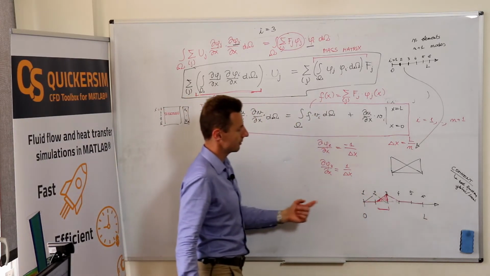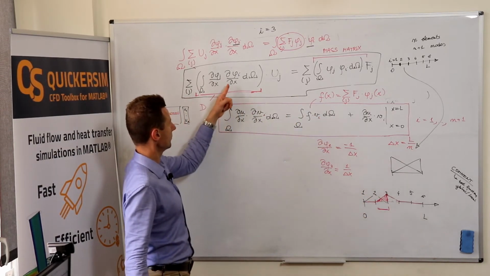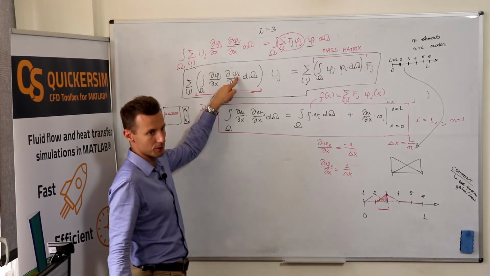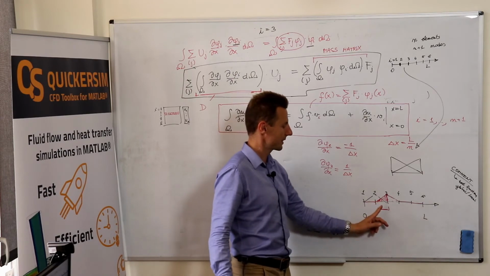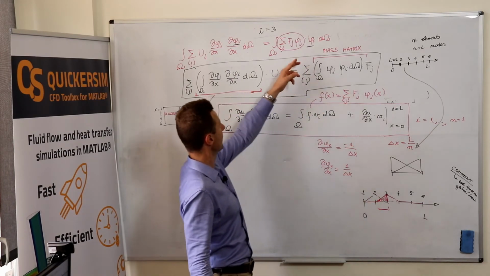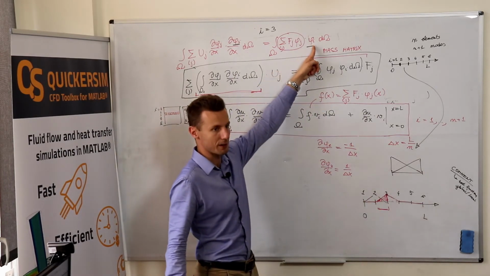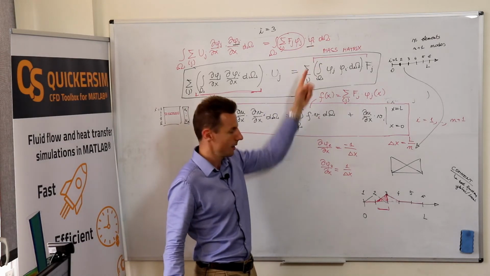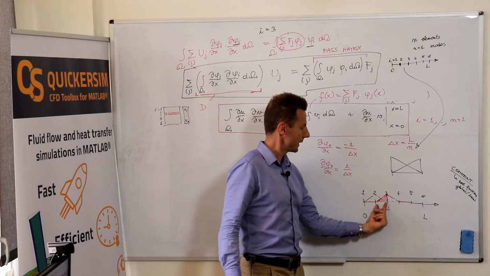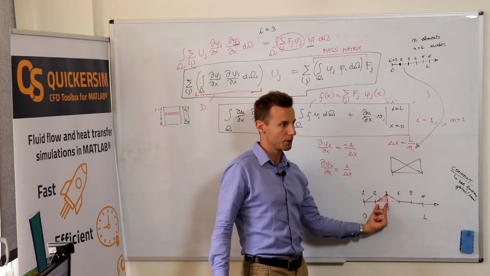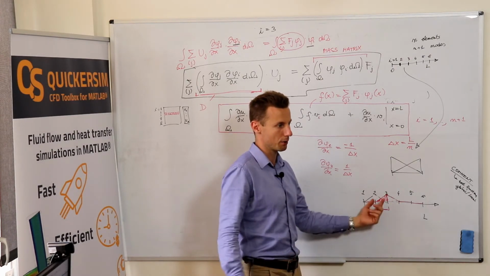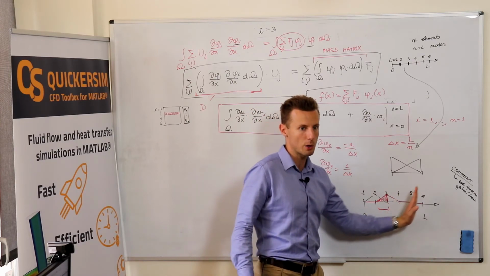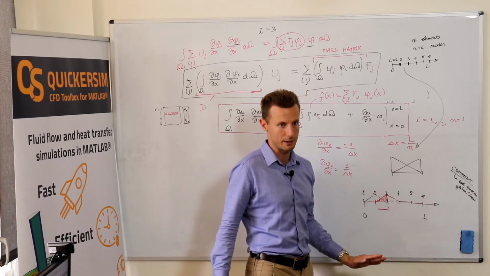But you can observe that such a test function, if we define them this way, then the test function itself, even if you multiply by the test function, not the gradient of the test function, is non-zero only in the elements adjacent to a particular node and is guaranteed to be 0 everywhere else.